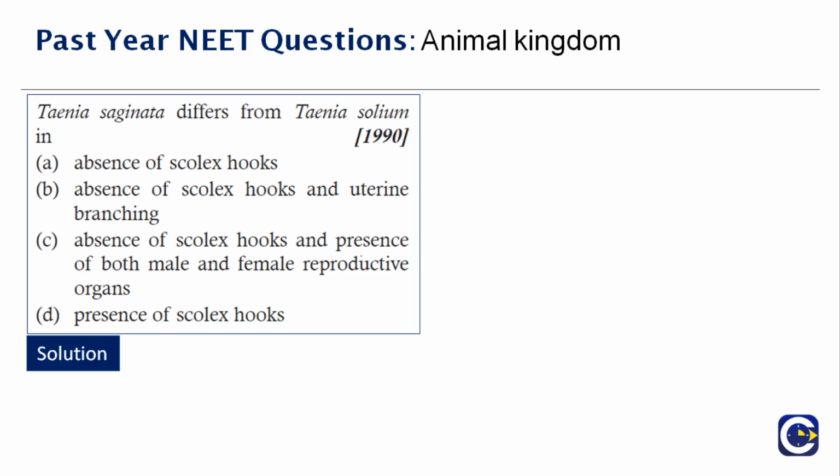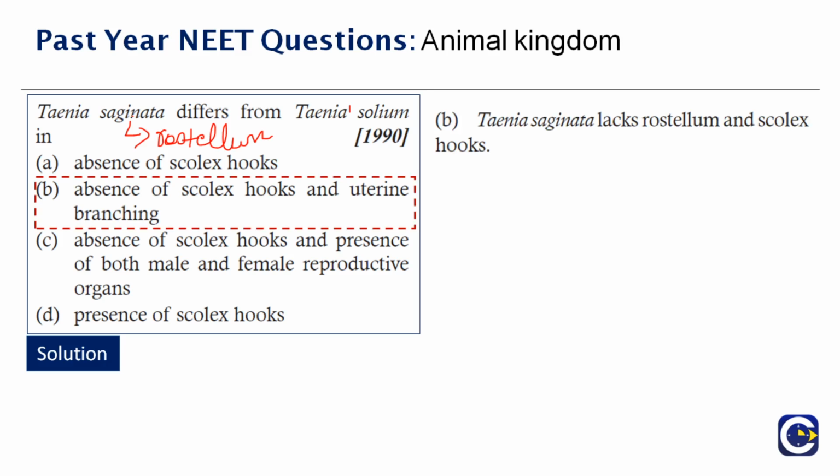We already discussed in the earlier parts, where I said that the rostellum will not be present in saginata. Right, this will be absent. So with this you can easily categorize between saginata and solium, because the rostellum is present in solium but absent in saginata. Therefore, the absence of the scolex hooks and the uterine branching will help in differentiating between the 2 species of the same genus. Therefore, the correct answer is option B.